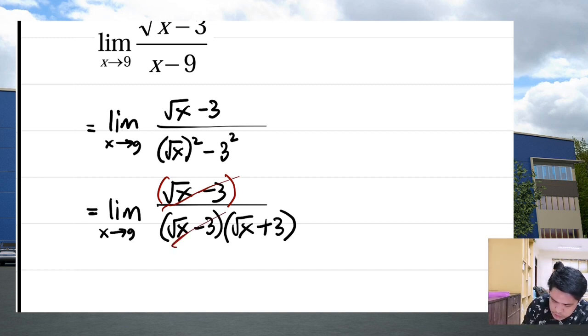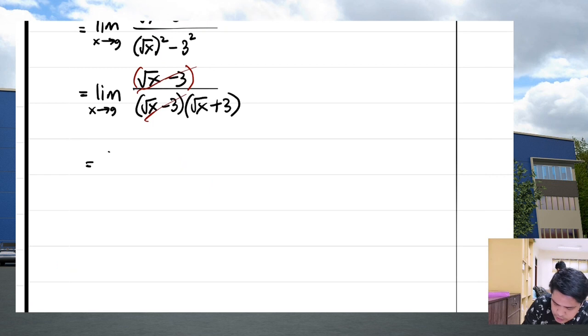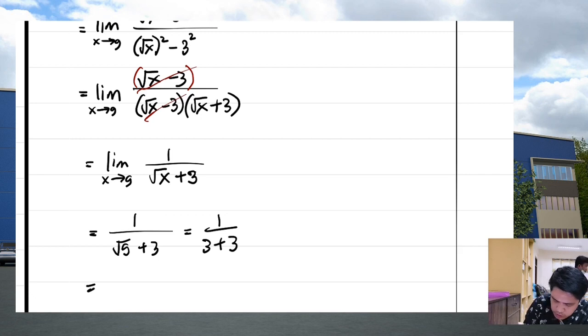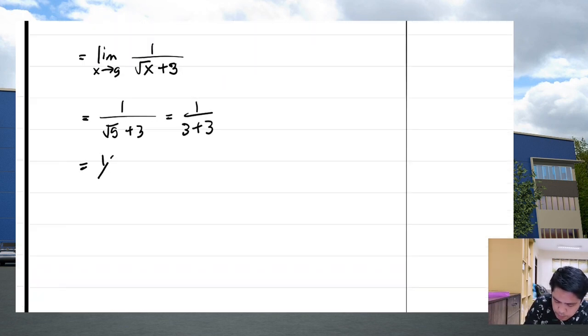What remains is the limit of 1 over the square root of x plus 3 as x approaches 9. So that will give us, let's evaluate, 1 over the square root of 9 plus 3, that's 1 over 3 plus 3. So the answer is 1/6. Very easy.